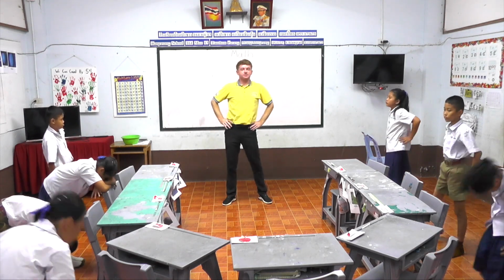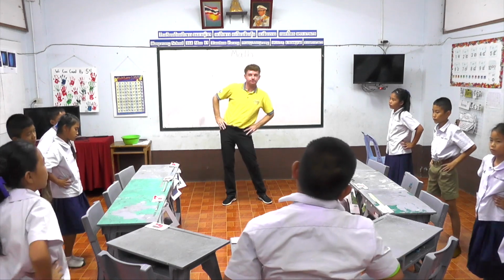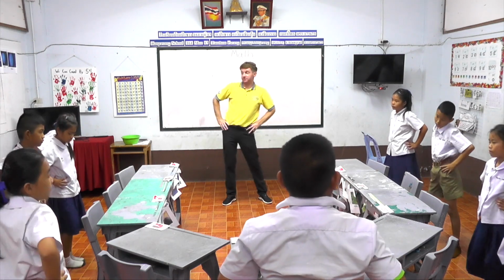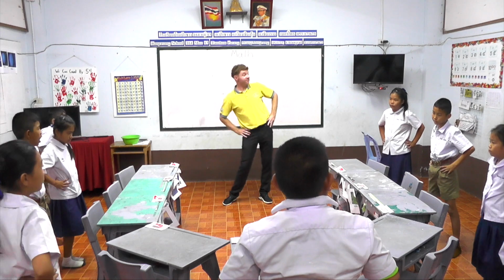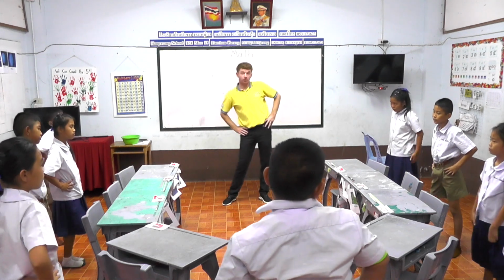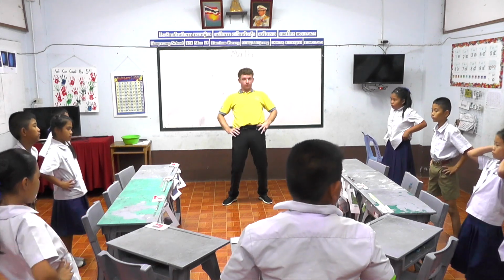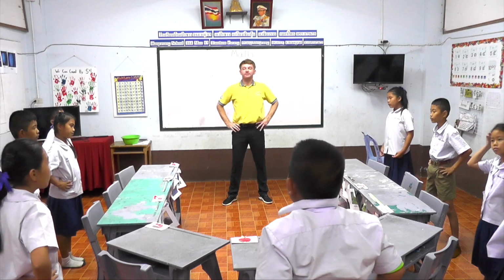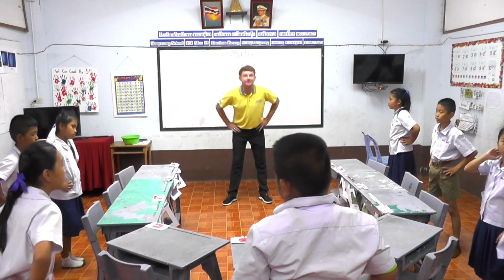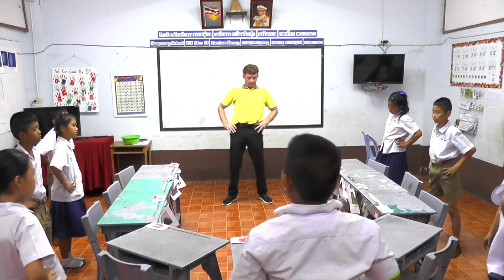Hands on hips. Let's have a wiggle side to side. Stop. Wiggle side to side again. Stop. Forwards, backwards, forwards, backwards, forwards, backwards, and stop. And now, go round and round.